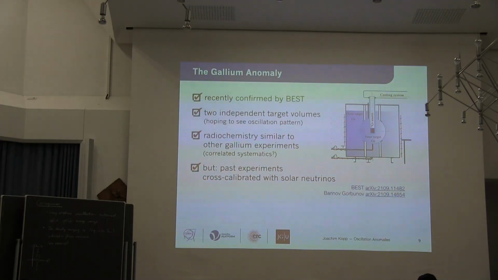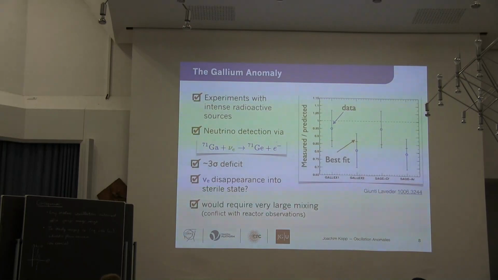For instance, one hypothesis that caused some stir recently is this cross-section, neutrino capture on gallium. Well, it's a nuclear reaction, so obviously we can't make first principles predictions for the cross-section. But you need a cross-section, because how can you measure a neutrino flux if you don't know what your cross-section is?